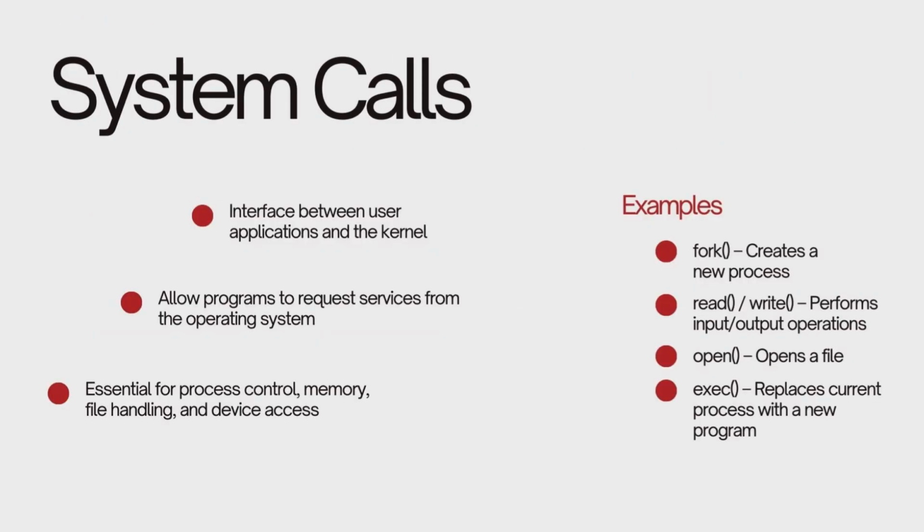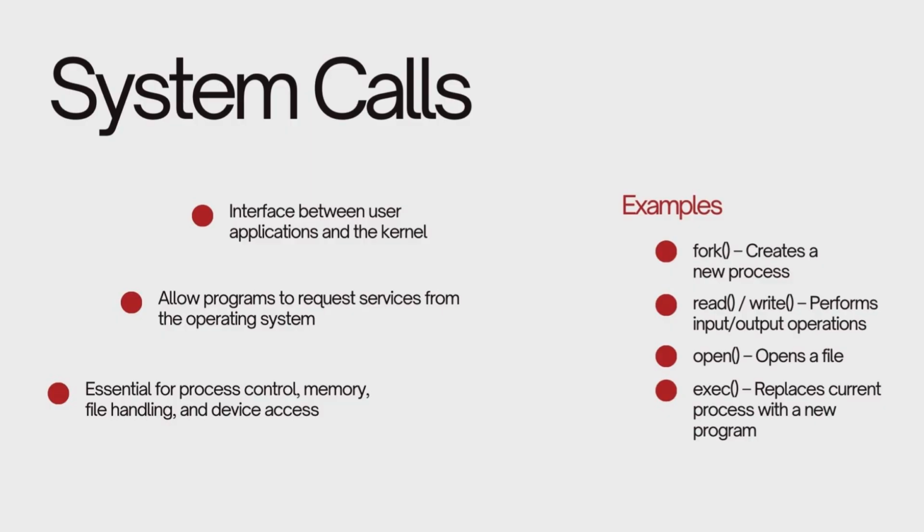Then system calls. Programs cannot access the hardware directly, so they use system calls to ask the kernel for help. System calls are the official, safe way for programs to talk to the core part of the OS.